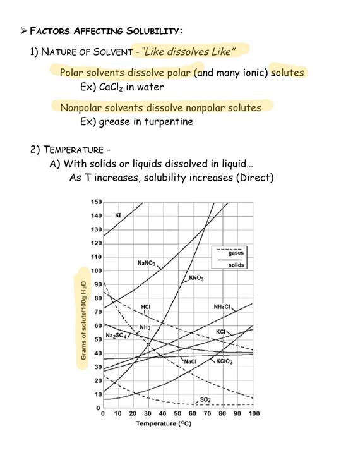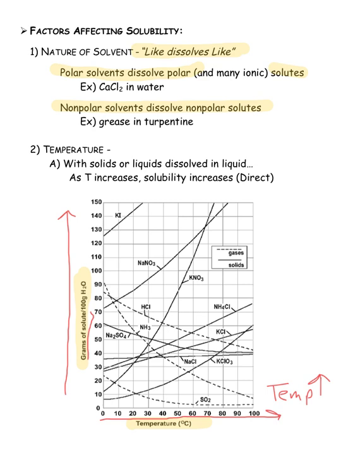Then along the x-axis we see temperature, and as we move across the x-axis, temperature is increasing. As we go up the y-axis, grams are increasing. This is grams of solute. Remember, grams of solute, not the water, not the solvent, the grams of the solute.